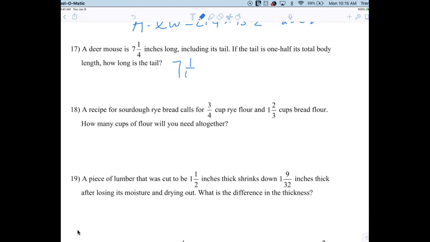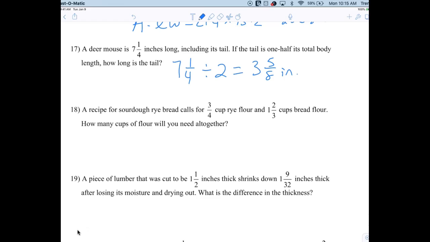Yes, you're awesome, kiddo. 7 1/4 divided by 2, and tell me what that answer is. 3 5/8. 3 5/8 what? Inches. That is correct. 3 5/8 inches. Is everybody okay with that? That wasn't bad, right?